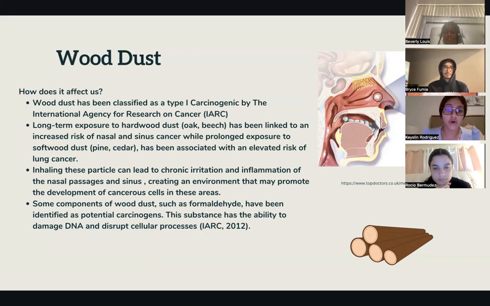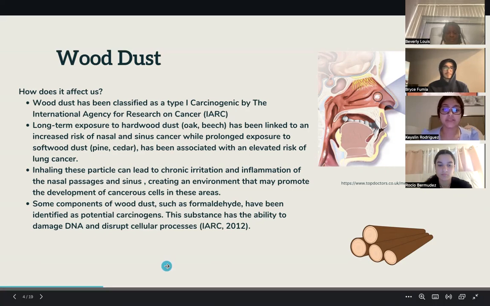Long-term exposure to hardwood dust, such as oak and beech, has been linked to an increased risk of nasal and sinus cancer, while prolonged exposure to softwood dust, such as pine and cedar, has been associated with an elevated risk of lung cancer. So, although they're both wood, different kinds of particles can lead to different kinds of cancer.